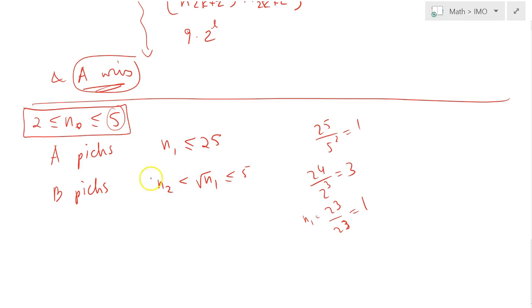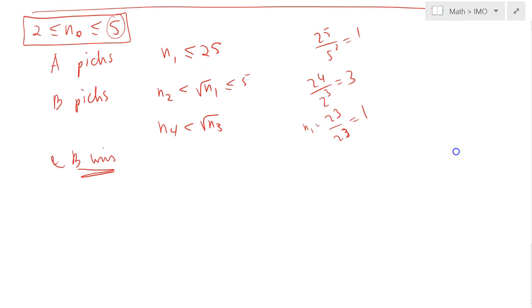So in the next step n2 will be at most 4 or even lower, and therefore n4 in the following step will be less than the square root of n3, and so on. So we will get smaller and smaller numbers, and eventually B wins, right? So in this case, B wins. That's really nice. I hope that was clear.